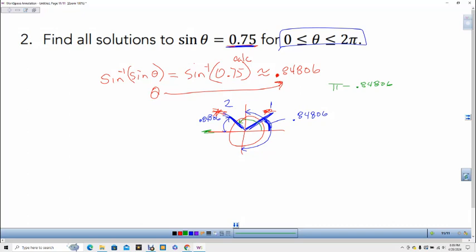We can punch that in our calculator, literally put pi, the symbol, minus, and then second negative to put the ANS, the previous answer, in, and you're going to get 2.2935.